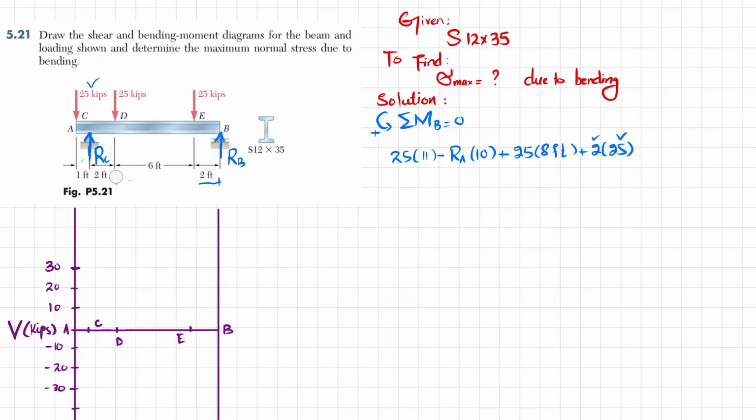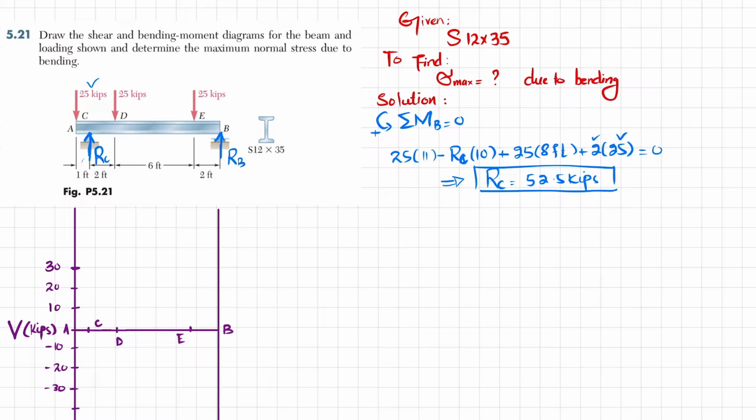Their sum must be equal to 0. When you calculate it, this is RC, not RA. You will get RC equal to 52.5 kips.